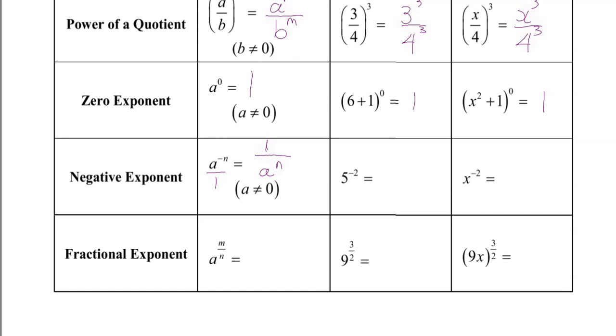It's only the exponent that changes, it's not the number. So if that was negative 5 to the negative 2, we wouldn't change the negative on the 5. This just becomes 1 over 5 squared, 1 over x squared. And so negative exponents change to positive by moving them. If they're in the numerator, move them down to the denominator, vice versa.